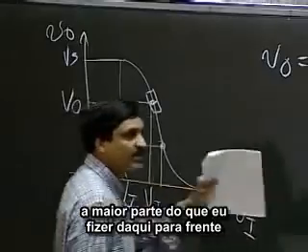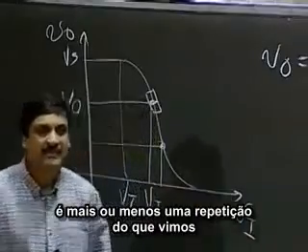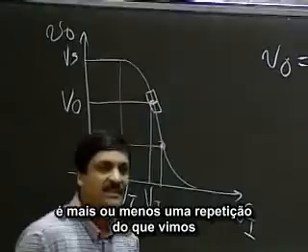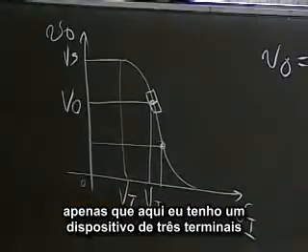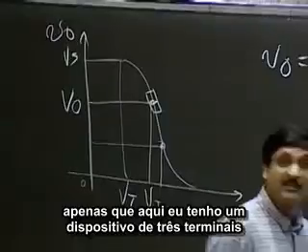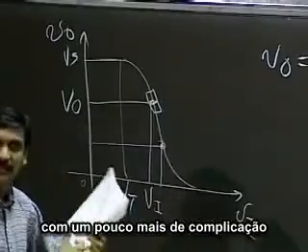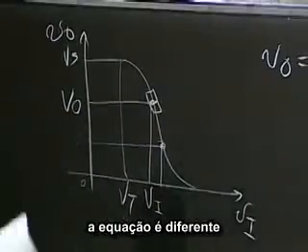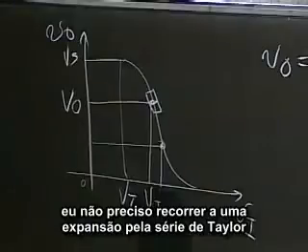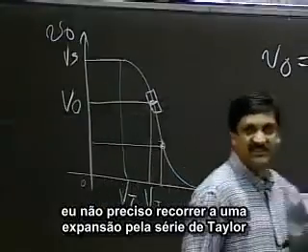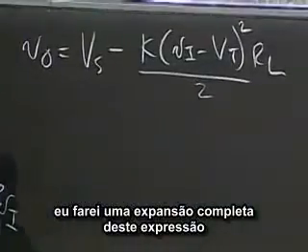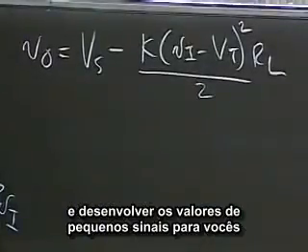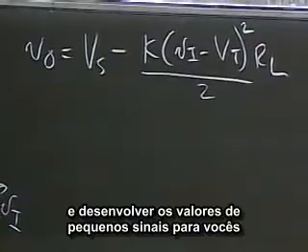Okay, most of what I'm going to do from here on will be more or less a repeat of what you saw for the light emitting export dweeb. Just that here I have a 3-terminal device. A little bit more complication. The equation is different. I don't have to resort to a Taylor series expansion. I'll just do a complete expansion of this expression and develop the small signal values for you.